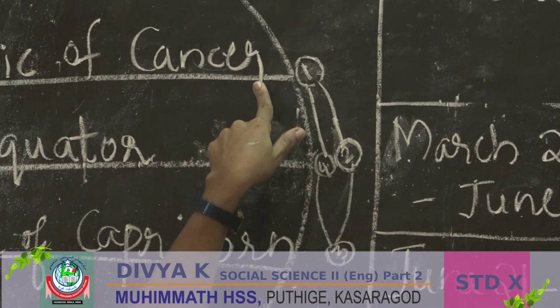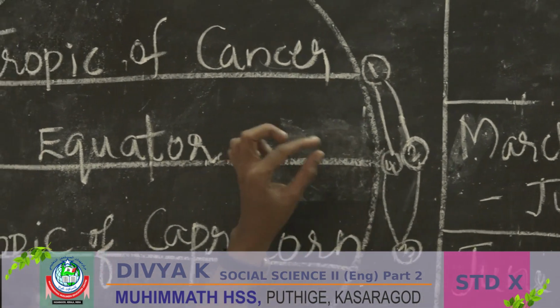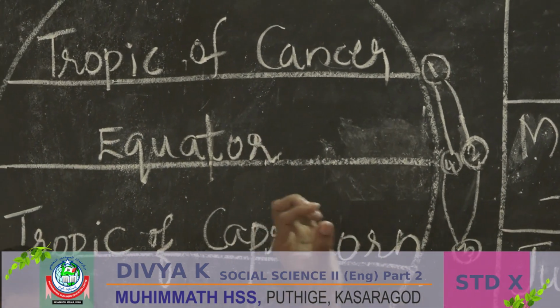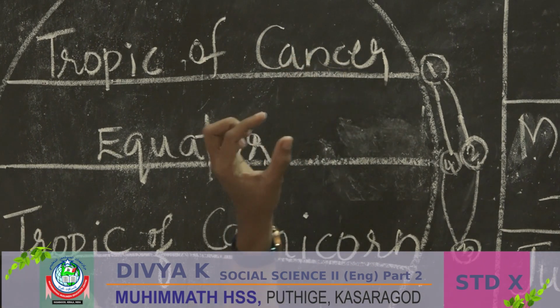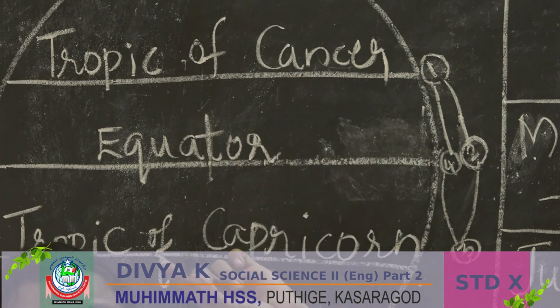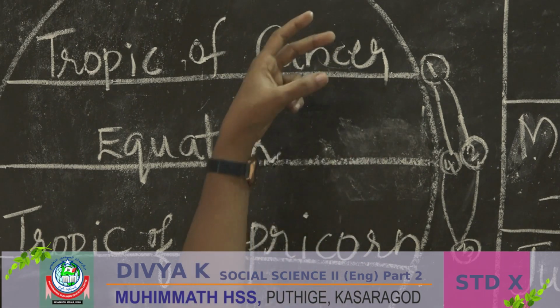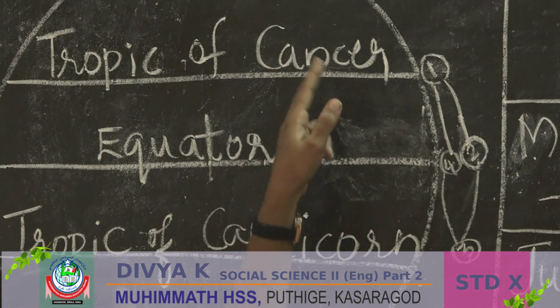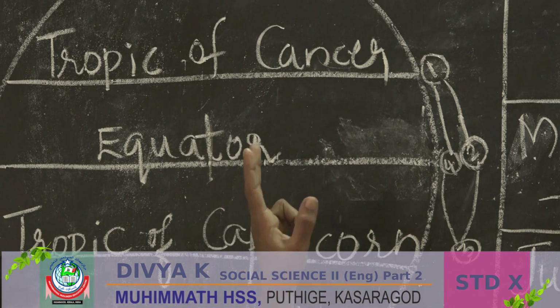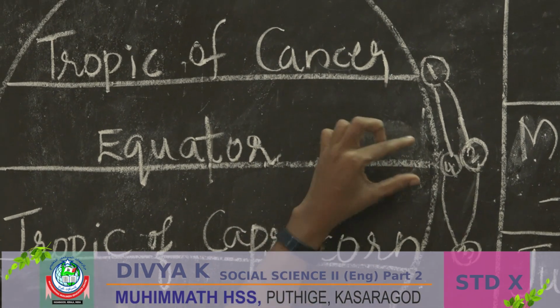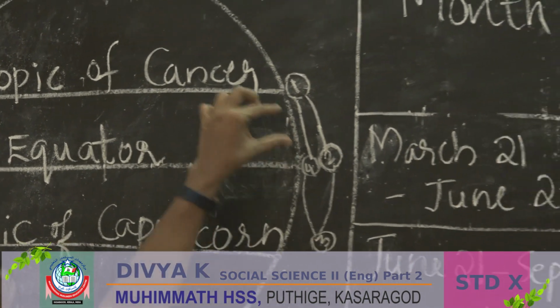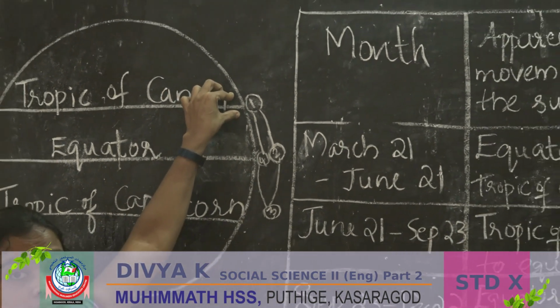Equator to Tropic of Cancer. The sun apparently shifting from the equator to Tropic of Cancer is the first shift of the sun. Is it clear? That is the apparent movement. So, first shift from where to where? Equator to Tropic of Cancer.